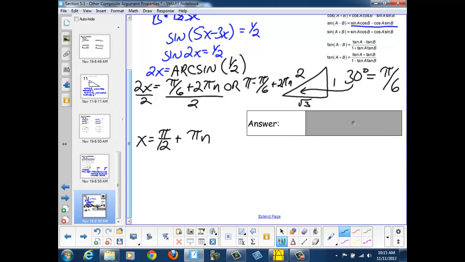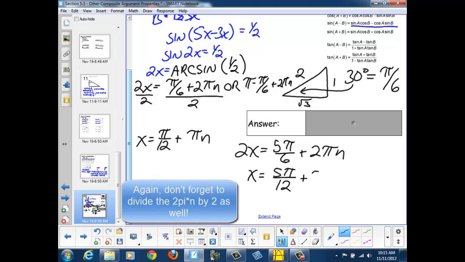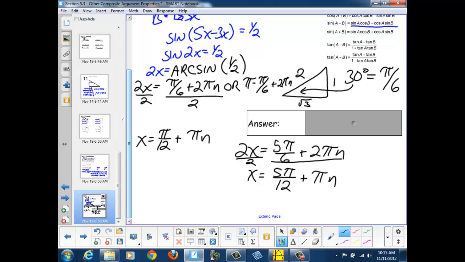And if I do the same thing with the pi minus pi over 6, which turns out to be 5 pi over 6 plus 2 pi n, 2x. So x then would equal 5 pi over 12 plus pi n, since we're going to divide everything by 2.